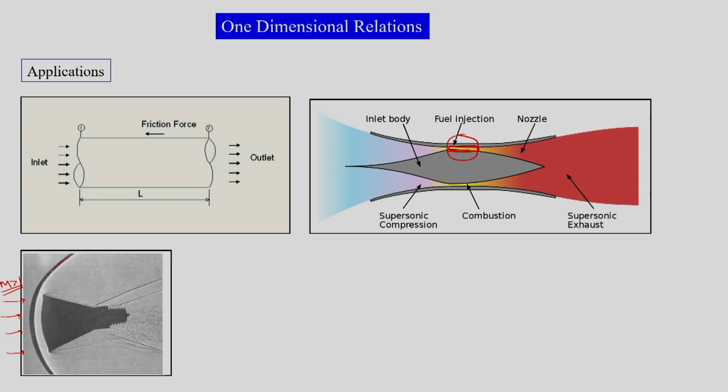In such cases a strong shock appears in front of the body, but very special is the stagnation streamline, which goes from the center of the object when the velocity is parallel to the center line. The variation for such a streamline across the shock will be one dimensional only. So there are various specific applications where we can make use of the one dimensional relations.